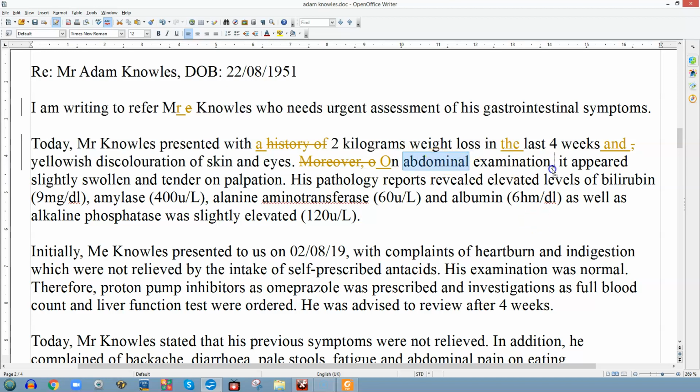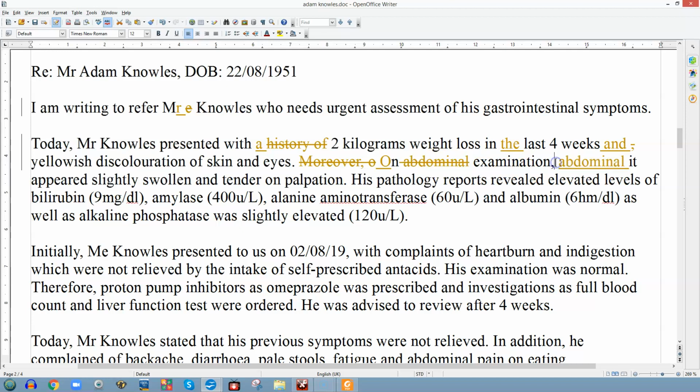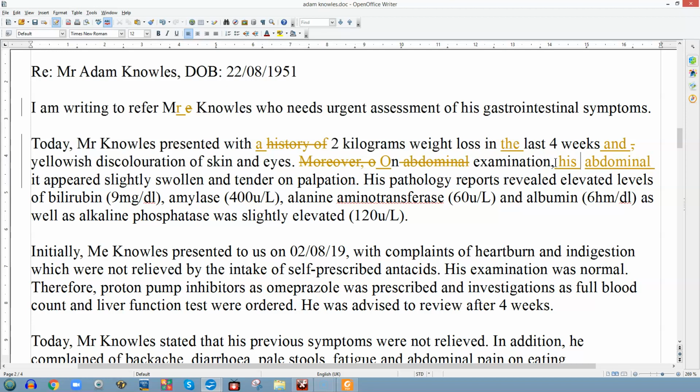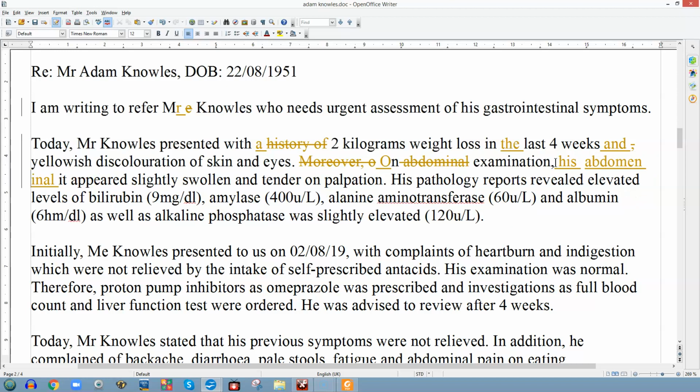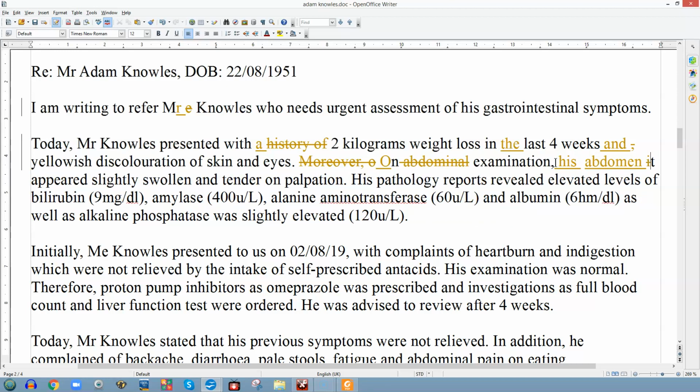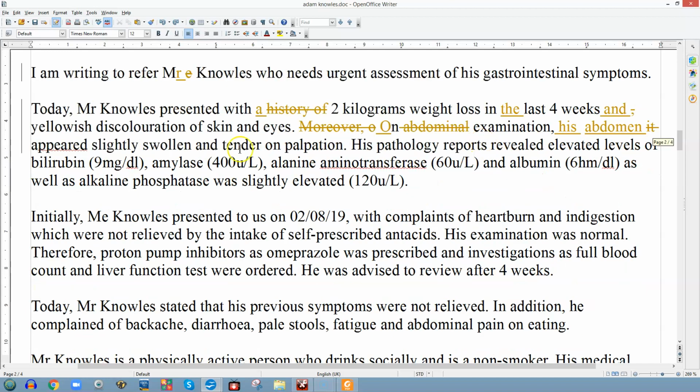So, on examination, his abdomen, that's better, appeared slightly swollen. Okay, that's better structure. Internal palpation, pathology supports. Okay.